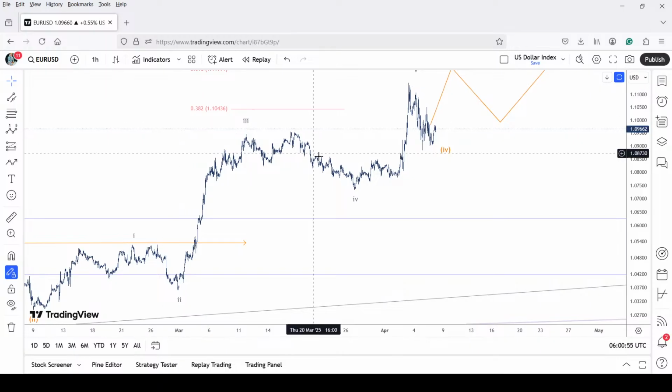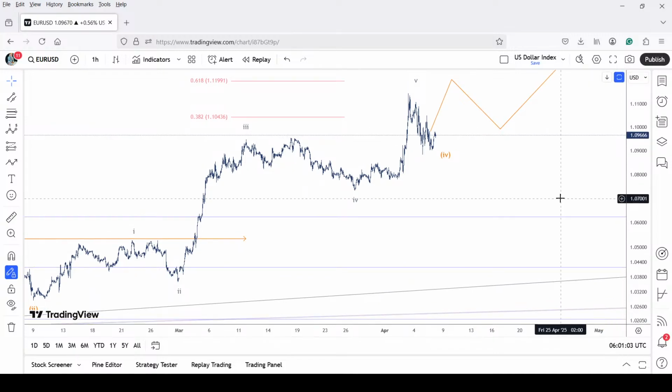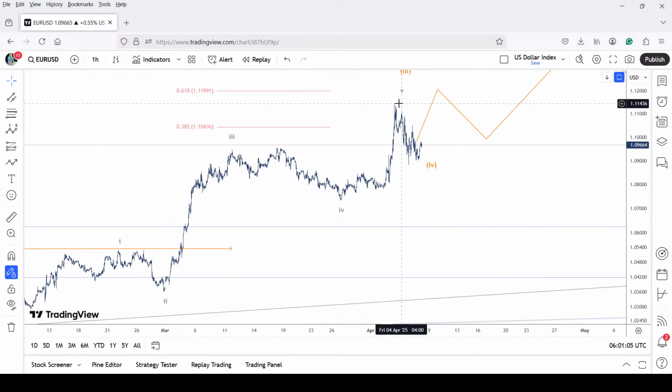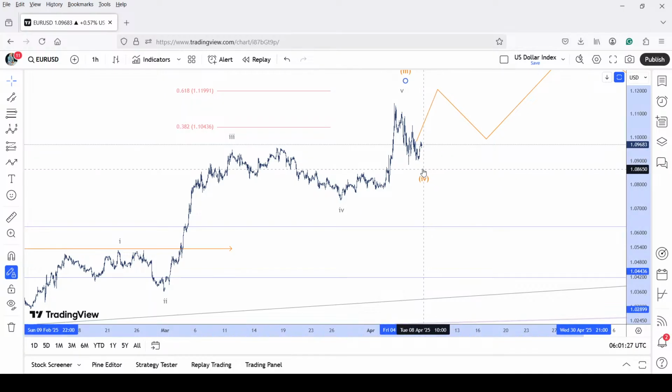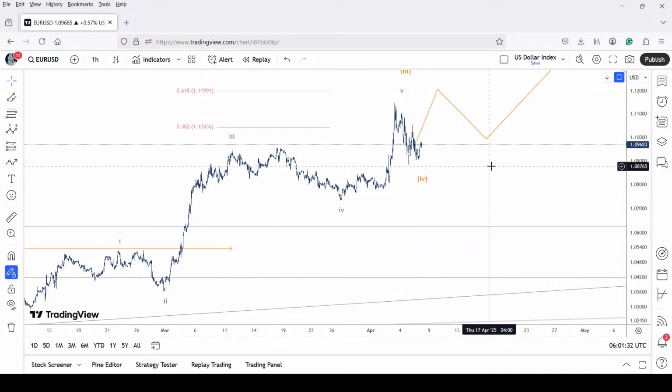Now we've just changed the degree a bit actually. The sub minute wave 5 just fell short of, it could be possible that it just fell short of the Fibonacci 0.618 on Friday or Thursday, and now prices are unfolding maybe as a combination, possibly into the minute wave 4, which we have moved from the other side.